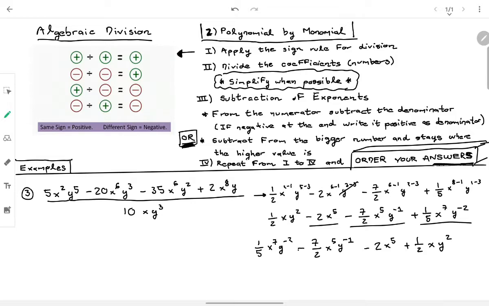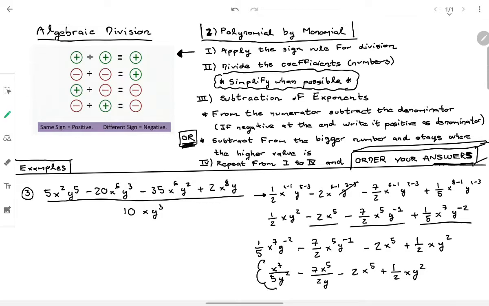Remember, we cannot have negative powers, so it will be something like x to the 7 divided by 5y squared minus 7x to the 5th over 2y minus 2x to the 5th plus 1/2 of x y squared.